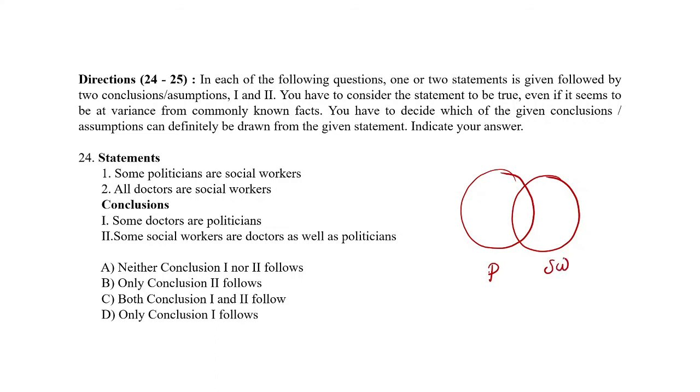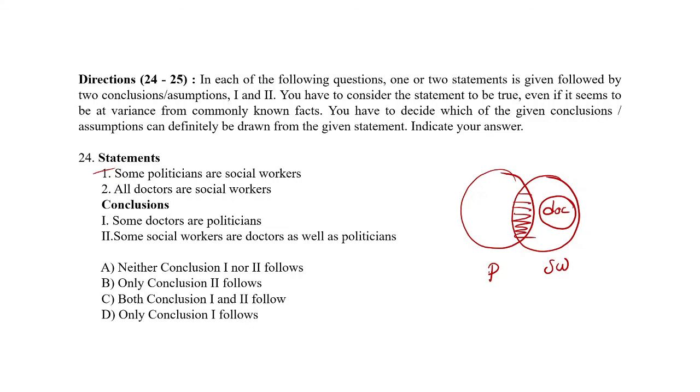This is for social workers. This is some portion. Some politicians are social workers. First statement is completed. Second statement, all doctors are social workers. So entire circle of doctors is present inside of social workers. This is a Venn diagram.